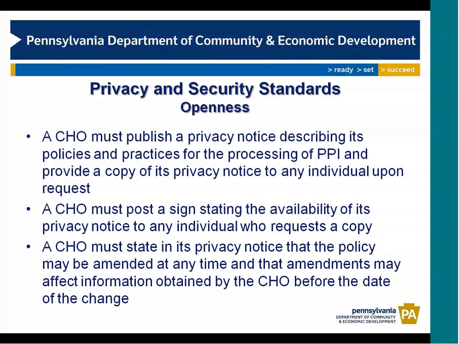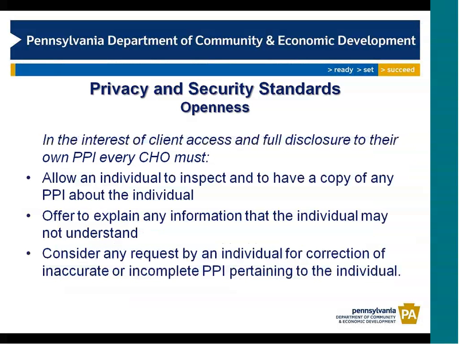A CHO must post a sign stating the availability of its privacy notice to any individual who requests a copy. And a CHO must state in its privacy notice that the policy may be amended at any time and that amendments may affect information attained by the CHO before the date of the change. So it's all about making sure everybody knows what you're doing with this data that you're collecting.